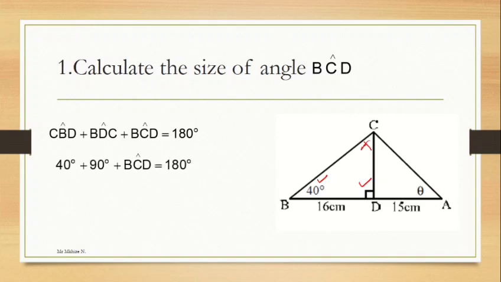And of course, we know the two other angles, that is 40 degrees for CBD and 90 degrees for BDC, which leaves the only unknown to be BCD. And then we can transpose or subtract on both sides 90 degrees and 40 degrees. So we get that BCD is 50 degrees.